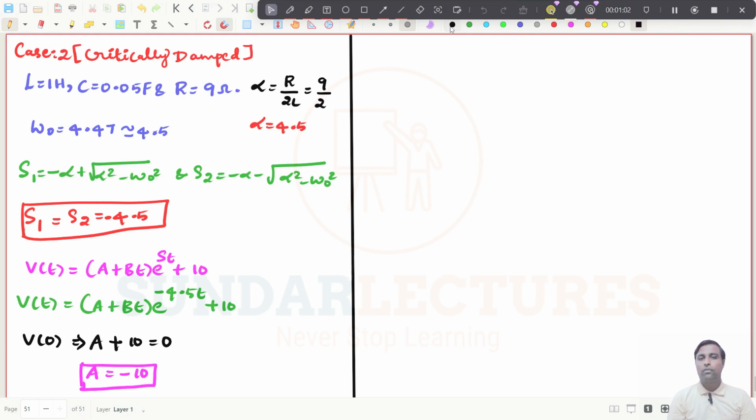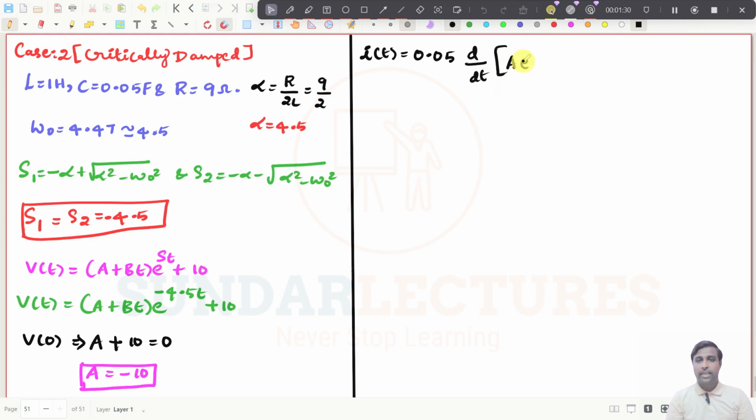Also we know I of 0 is equal to 0. So you just try to get the I of t expression. What is the I of t expression? It will be c dv by dt, so it will be 0.05 into dv by dt, and we need to differentiate. Maybe I will write it down. This will be d by dt of, and instead of v, we need to substitute this.